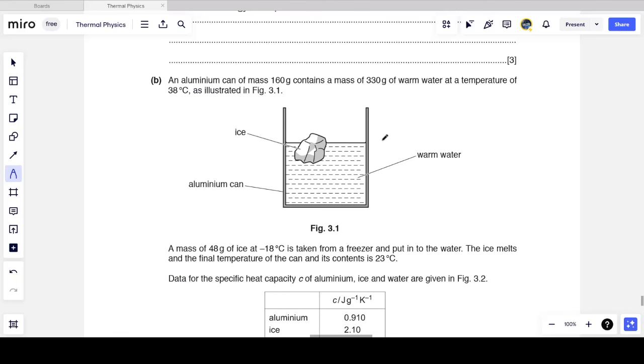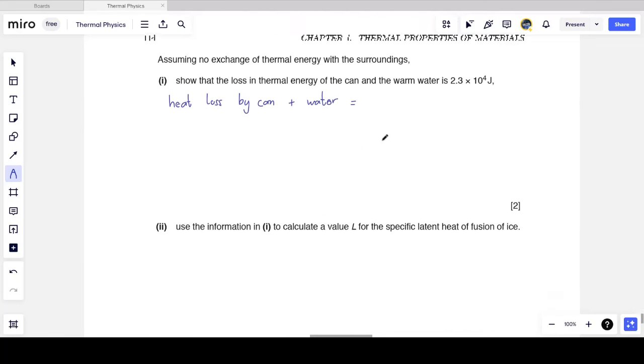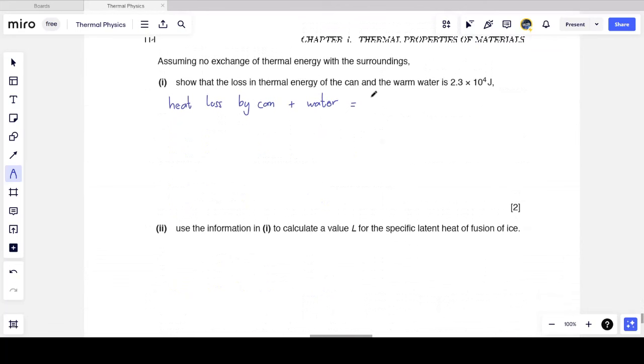Now the can is not changing state and the warm water is not changing state either. The water is not freezing and the can is not boiling. So only a change in temperature is happening. So I need my specific heat capacity equation. So the mass of aluminium times the specific heat capacity of aluminium times the temperature change.